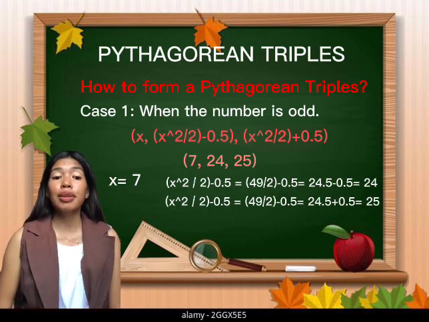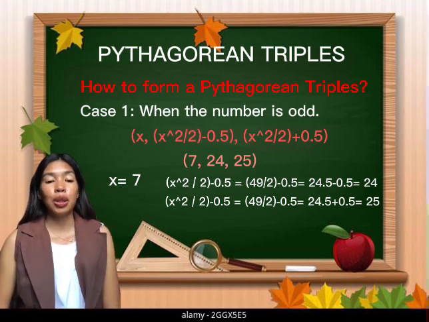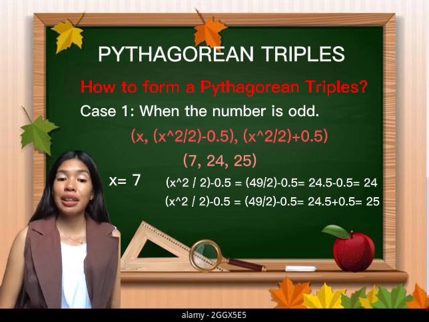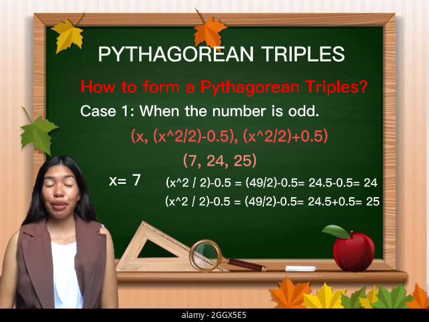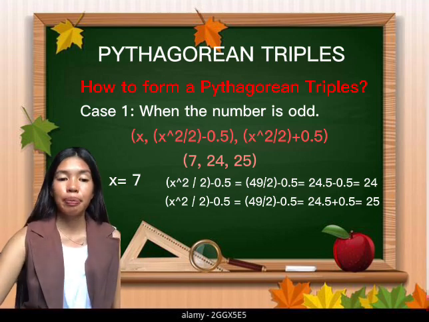The third term is x squared divided by 2 plus 0.5, which is 7 squared, 49, divided by 2 plus 0.5, equal to 24.5 plus 0.5, and that is 25. Hence, the Pythagorean triple formed is 7, 24, 25.